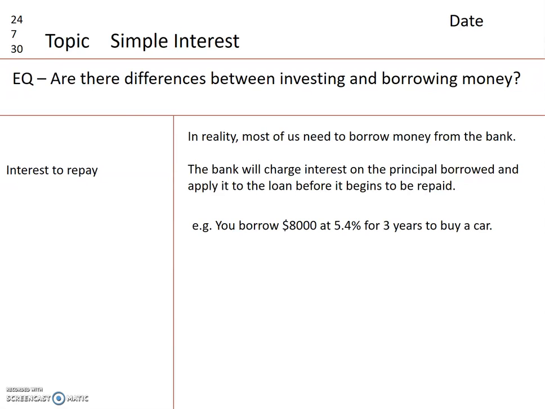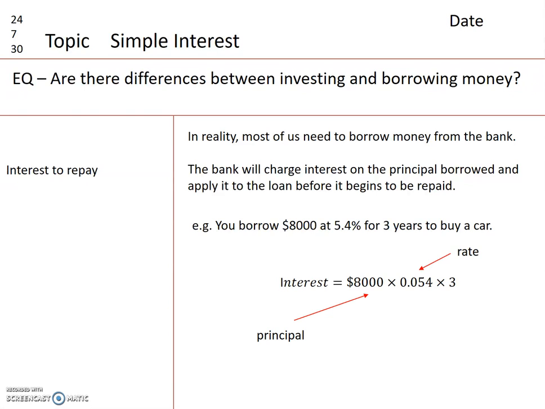For example, you borrow $8,000 at 5.4% for 3 years to buy a car. Your equation would look like the interest equaling 8,000 times 0.054, which is 5.4% represented as a decimal, multiplied by 3, because that's the length of the loan.